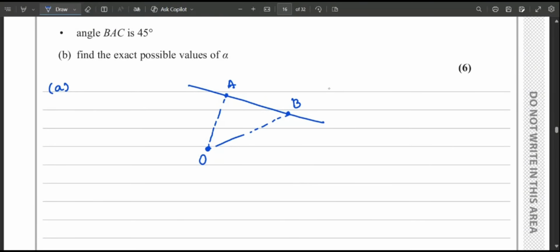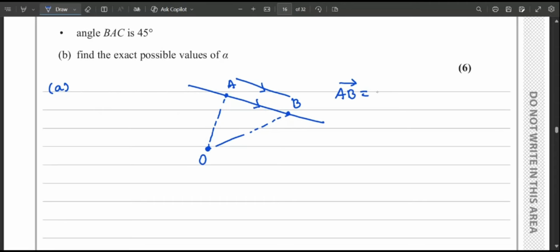First, we need a point on that line, and second, we need a vector that is parallel to that line. We already know the position vectors of A and B, both of which are on the line, so I can use either of them. Now I need a vector that is parallel to that line. We can see that our vector AB is parallel to our line, so we can use the vector AB as the parallel vector to write our equation.